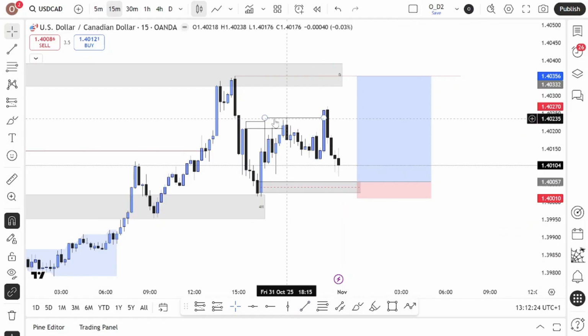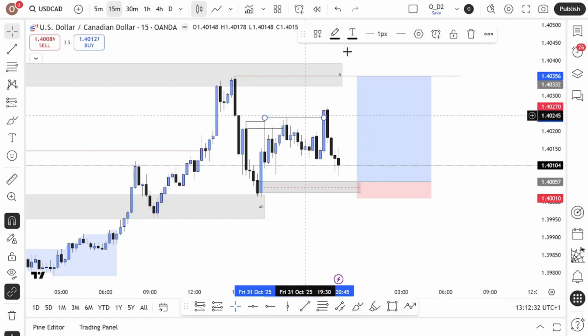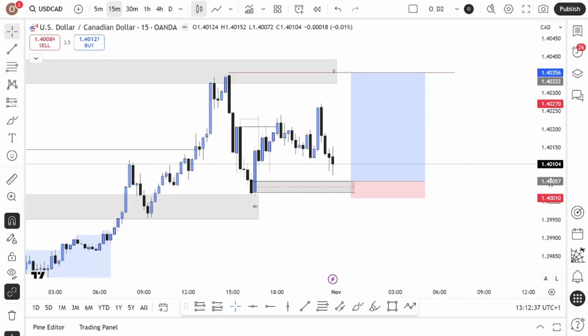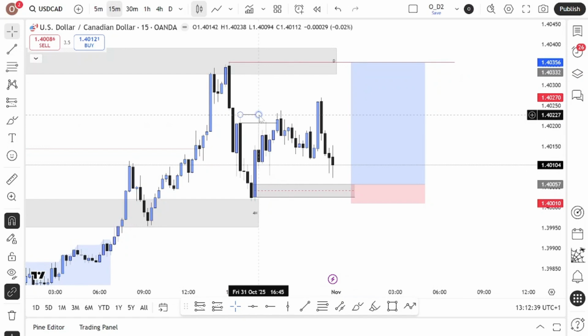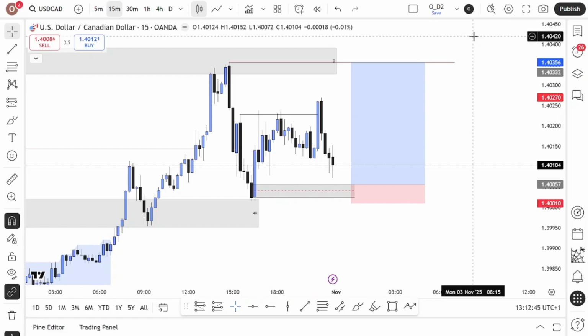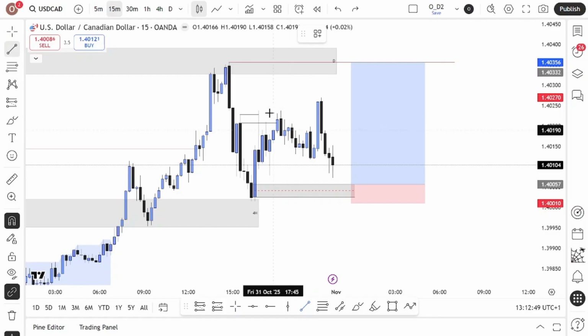Then price came here and gave us another break. It was going to be a little bit complex, but if we focus a little bit, we would see that this whole move might just be one break of structure.